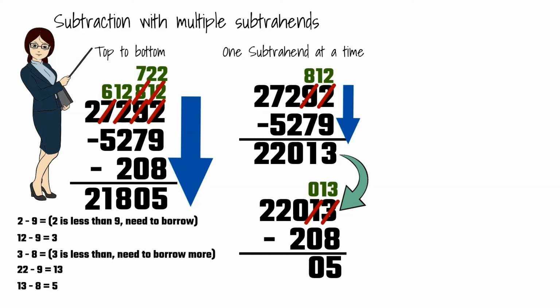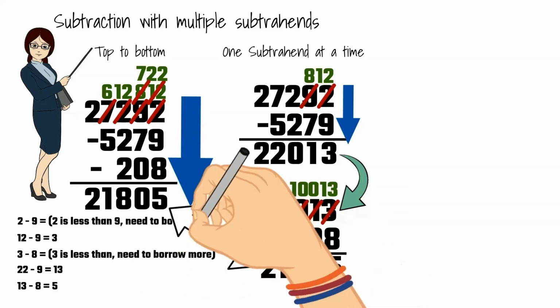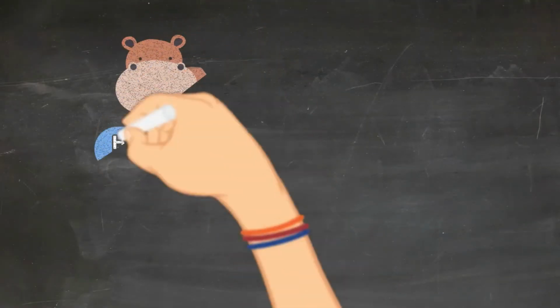Borrow 1 from 2. 0 becomes 10 and 2 becomes 1. 10 minus 8 equals 8. Next. The new digit in the next place value is 1. 1 minus 0 equals 1. Next. 2 minus 0 equals 2. Or 2 is simply brought down. Again, the difference is 21,805.